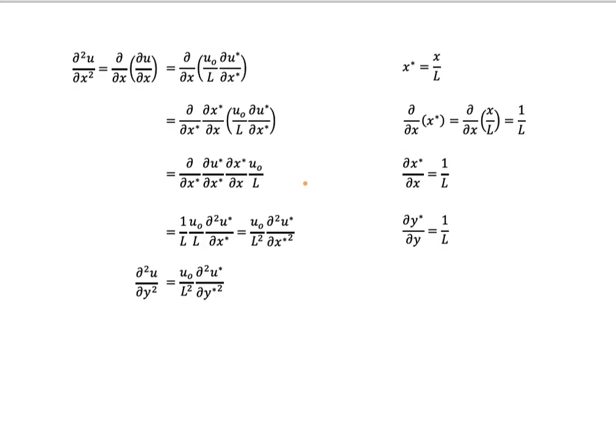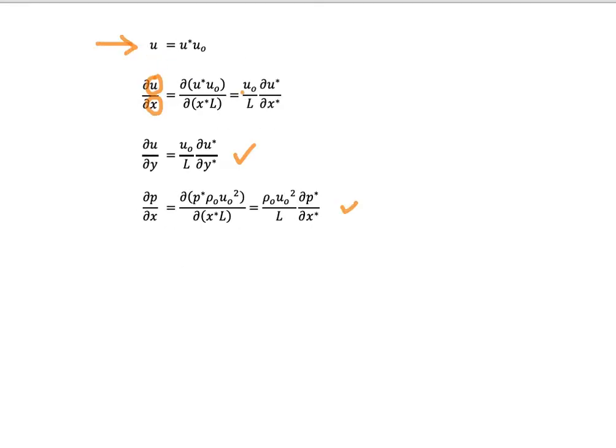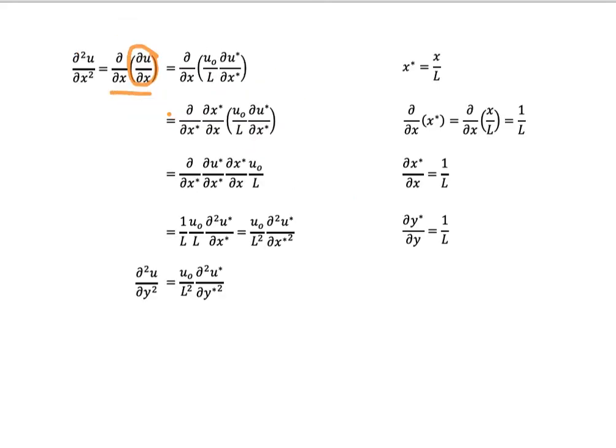And then it can be done like this. Here there is some trick to get this. The idea of del square u over del x square: we could write it like this, and then we substitute the value of du dx that we got from the previous calculation. So the trick is like this.